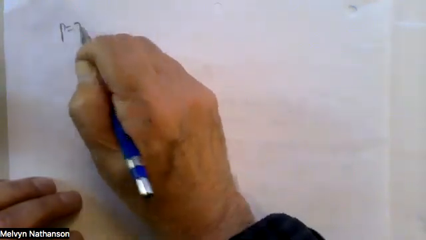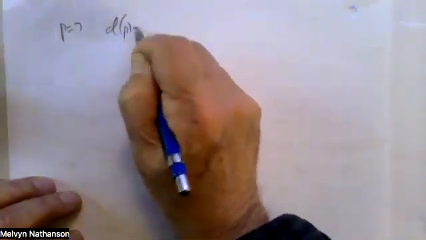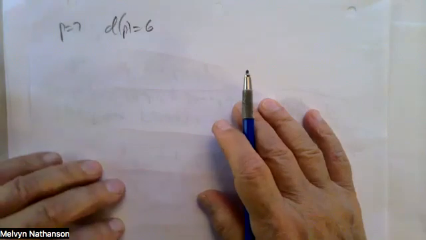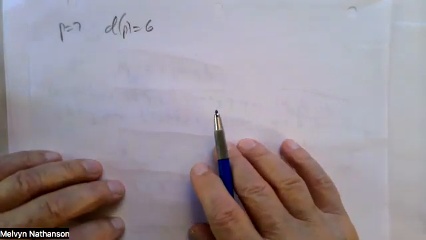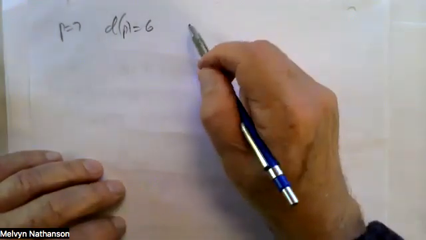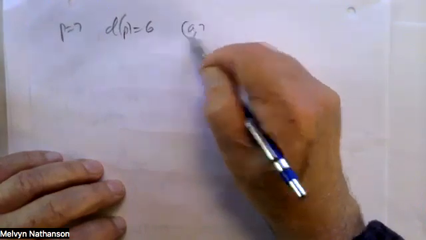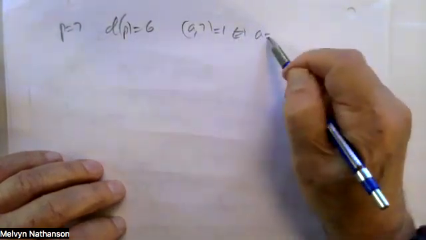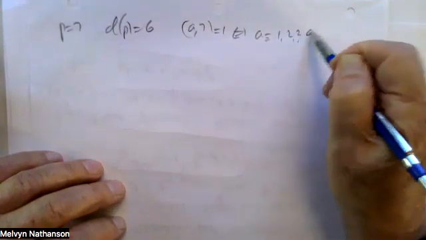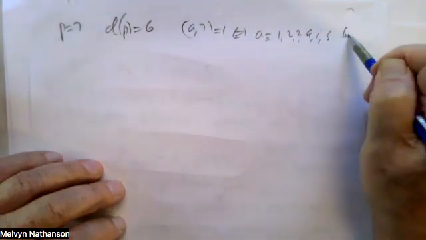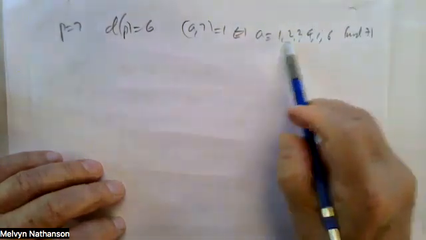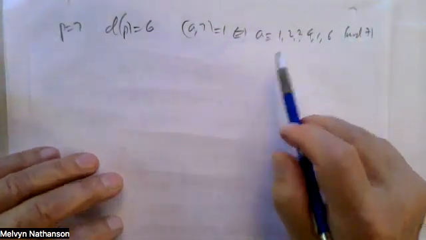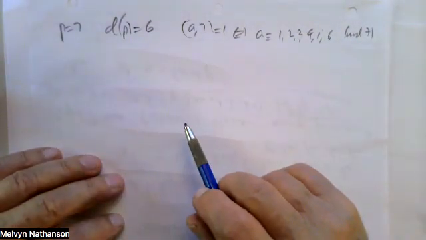Suppose I take P equals 7. So phi of P is 6. So A and 7 are relatively prime if and only if A is congruent to 1, 2, 3, 4, 5, or 6 mod 7. These are the congruence classes relatively prime to 7.